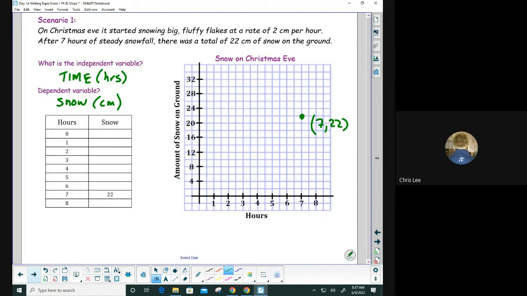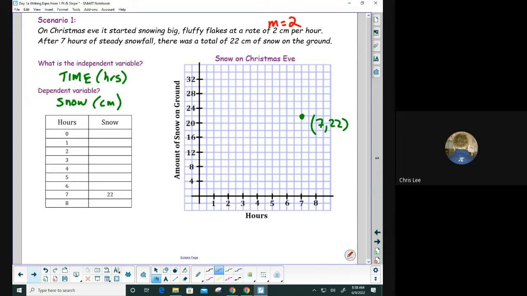This is a partial variation, not a direct variation. Does that make sense? Good. What other information do I know? Yes, it goes up 2 centimeters per hour. That is the rate of change. That is our slope.